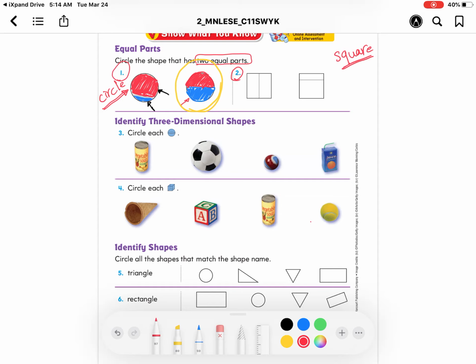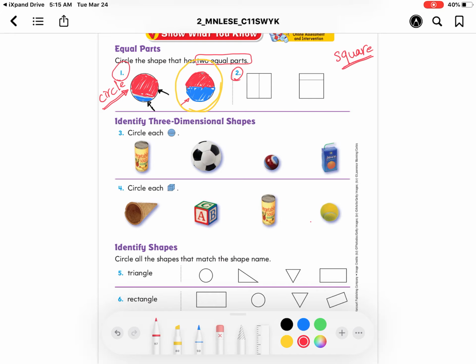A square has four equal sides, four sides of the same length, while the rectangle has two long sides and two short sides. So the sides of the rectangle are not equal. The rectangle does not have four equal sides.